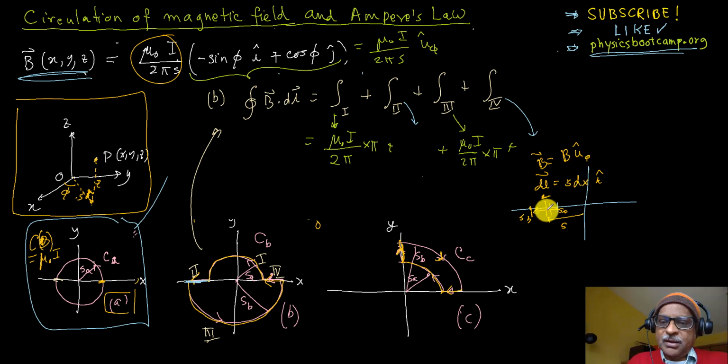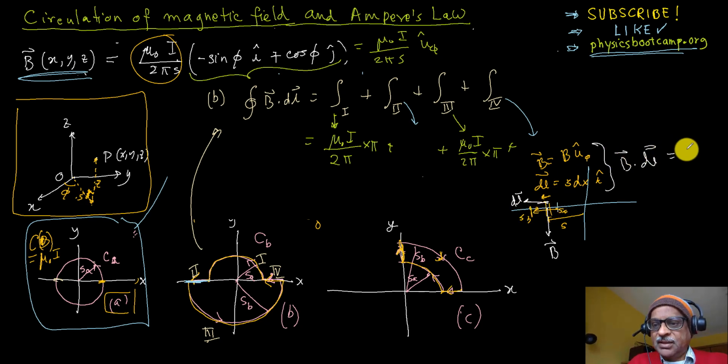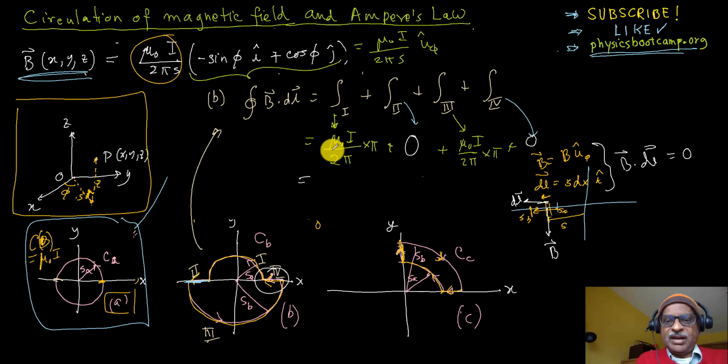So the B vector is this way, the dl vector is that way. B dot dl at any of these guys is actually 0. So integrating that gives 0, and it's going to be exactly the same thing over here. That's also going to be 0, and so when I add these up, I get again mu naught I.